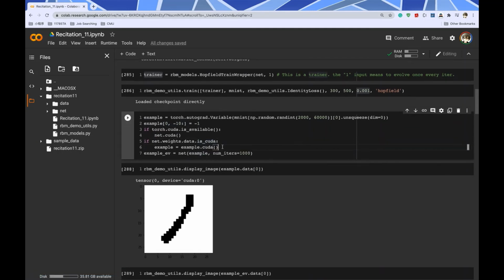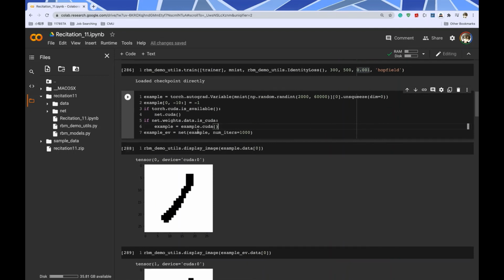We take this example and put it in the network and run it for 1,000 iterations, and we get the example EV.